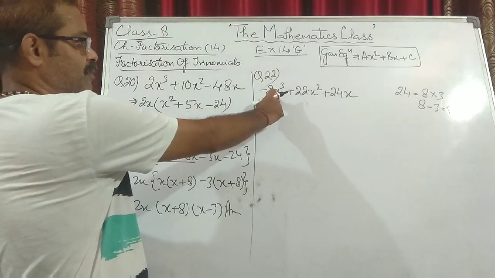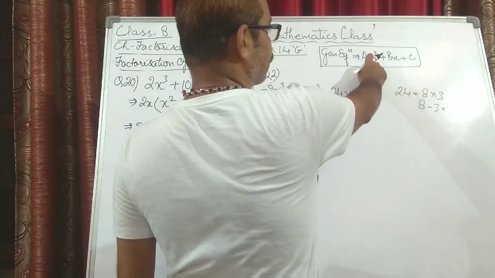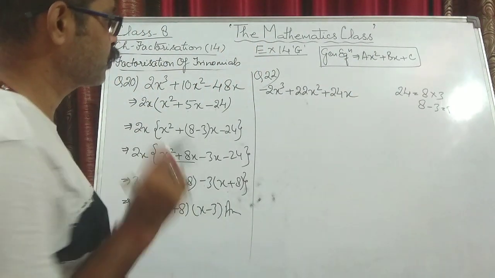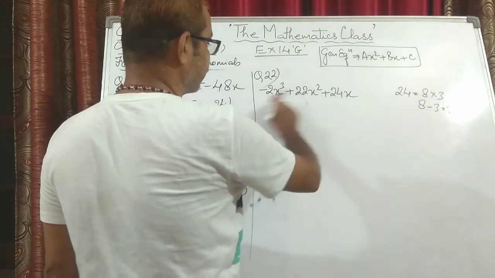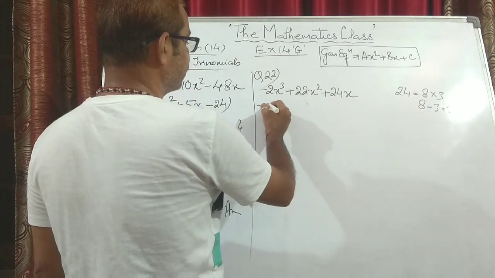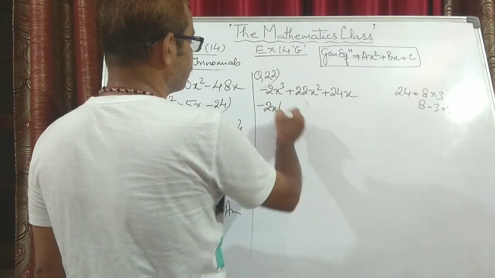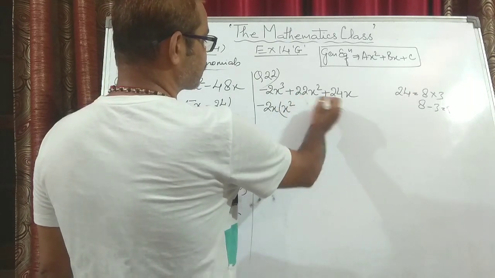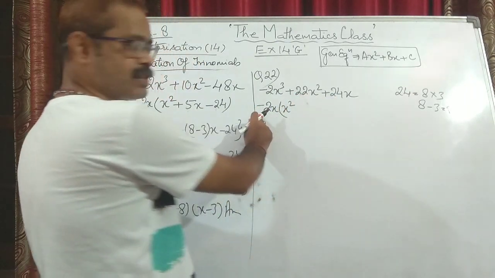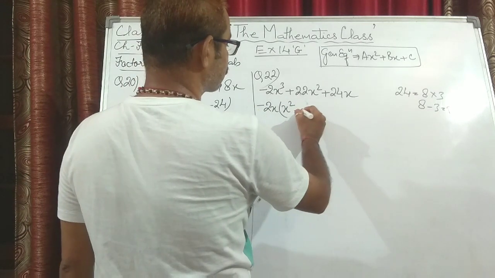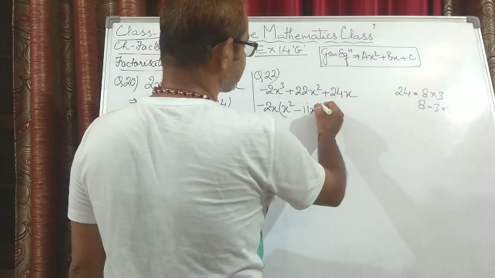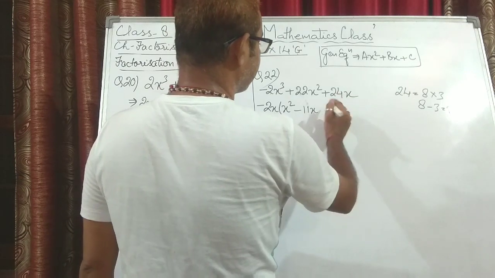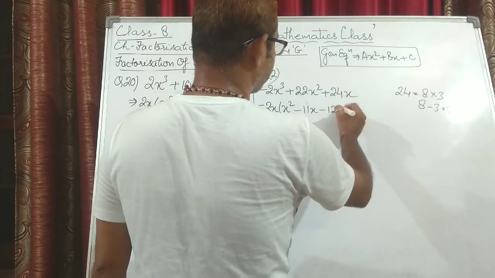Here you can see the highest power is 3, but in our trinomial we need the highest power as 2. So from this we can take something as common. If I take minus 2x common, this will become x square positive. Rest these two will become negative because minus has been taken common outside. So minus 11x and minus 12.